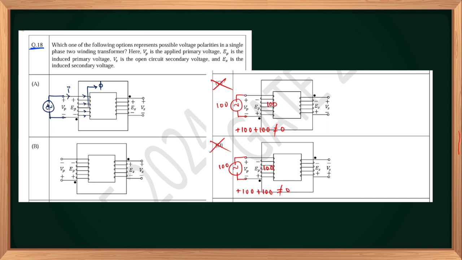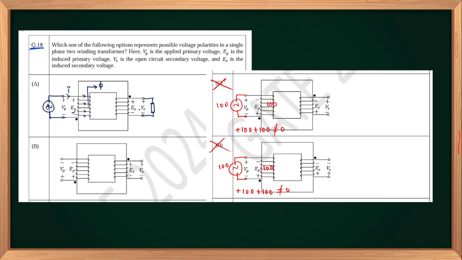Now this flux is going to create an EMF in the first coil and also going to create an EMF in the second coil. Now the EMF is going to oppose the very cause of its production. The cause for the production of induced EMF here is due to what? Is due to flux.